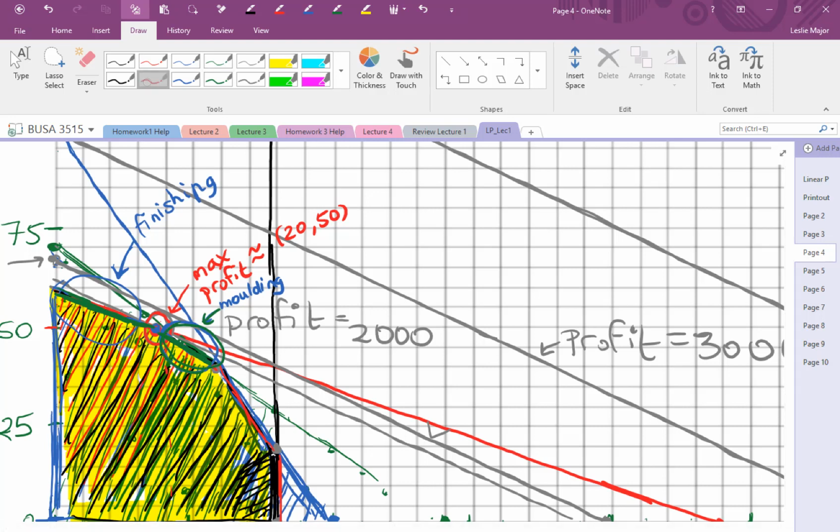And this one right here was the top of the finishing straight line that we drew in the previous video. So where they intersect is going to be our optimal solution, where our profit is the highest possible while still being within the area of feasibility. So let's go figure out where our finishing and molding constraints overlap.